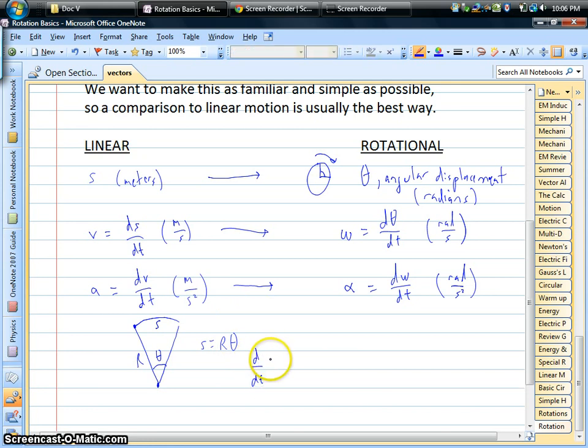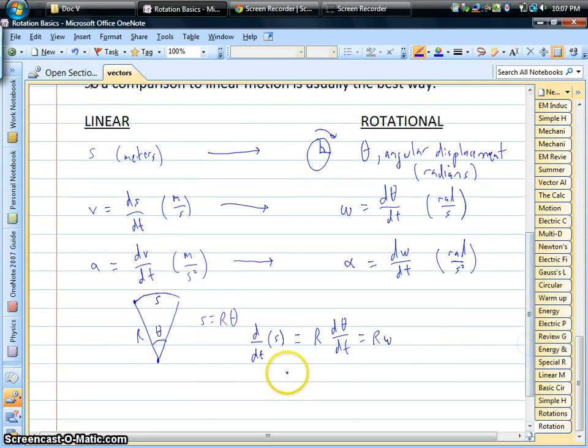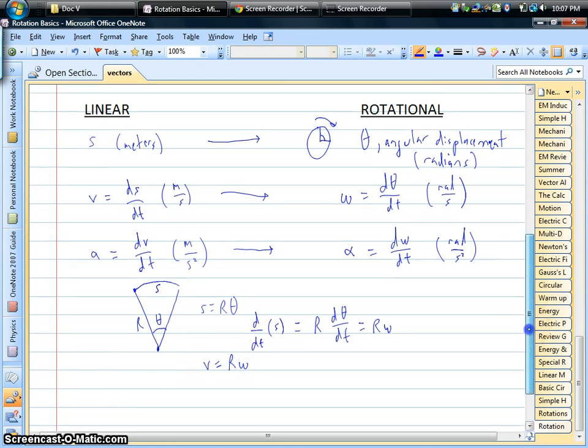Now, let's look at the rate at which you move along that arc. Well, that's the velocity. If you do a time derivative on one side, you have to do a time derivative on the other side. If the radius is a constant, notice that you have r d theta dt, which is the radius times your angular velocity. So you have a similar looking relationship between linear speed and angular speed.